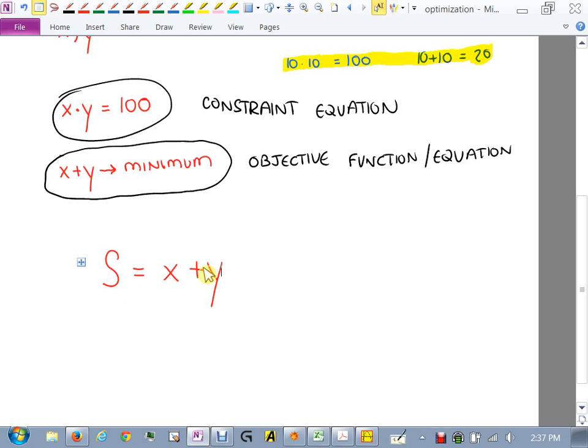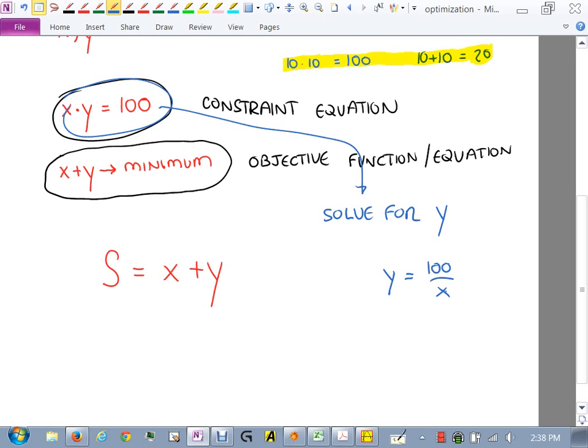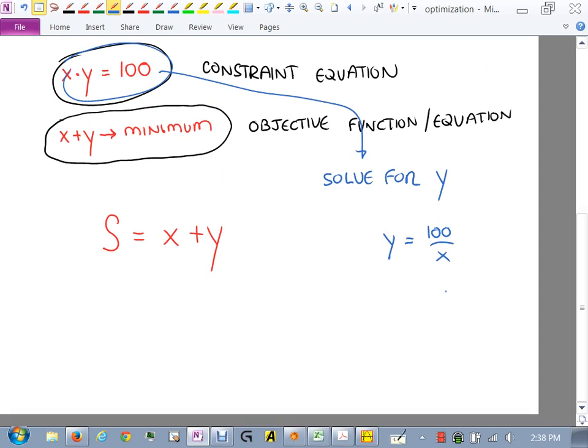Yes, two different things. But if I take this equation right here, my constraint, and I solve it for x or y, I'll solve it for y. What do you get? Y is 100 over x. And now, if I come in here and rewrite S, I can write x plus what? 100 over x, can't I?